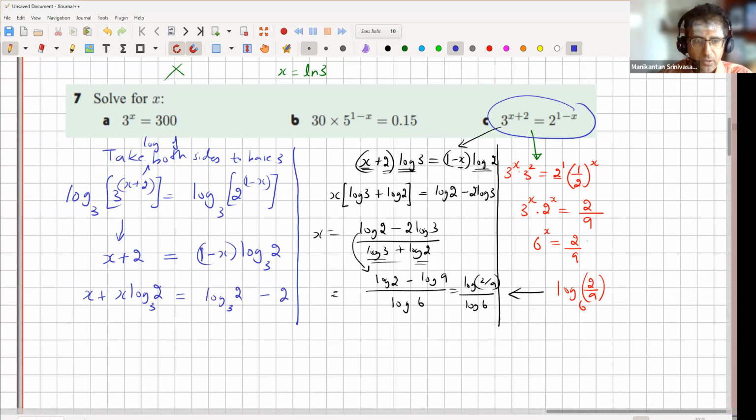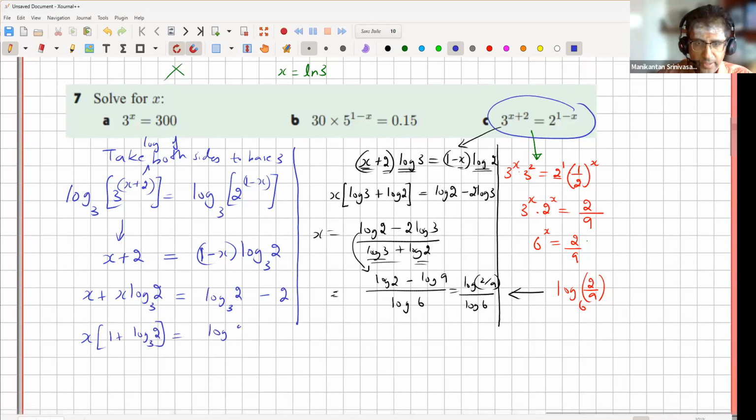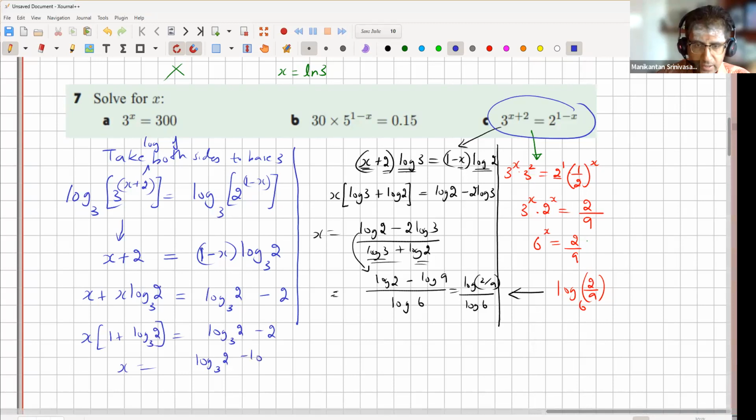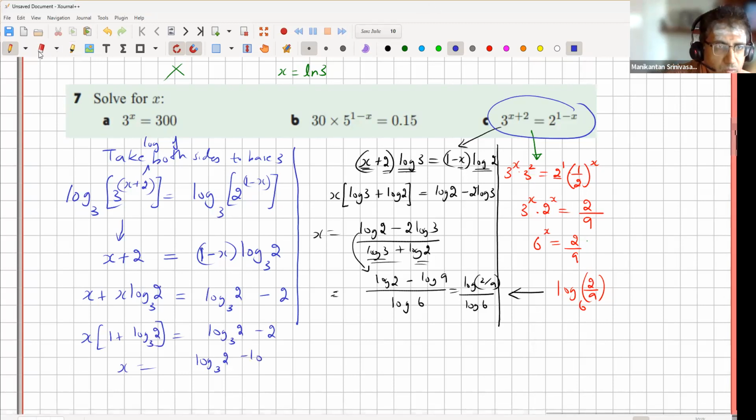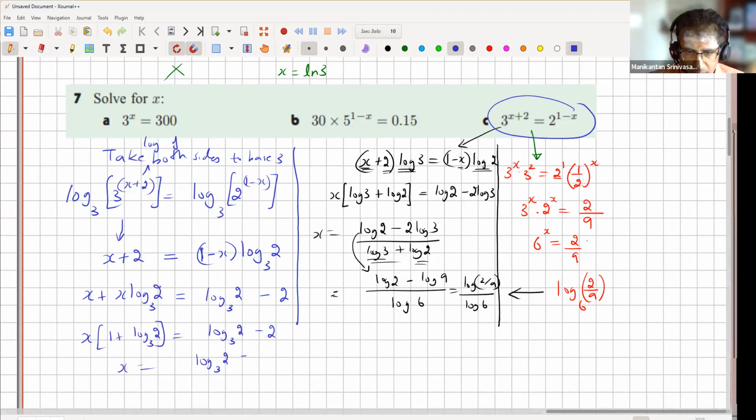So now x into, what is this? 1 plus log 2 to the base 3 equal to log 2 to the base 3 minus 2. Therefore x is (log 2 to the base 3 minus 2), whole upon 1 plus log 2 to the base 3.